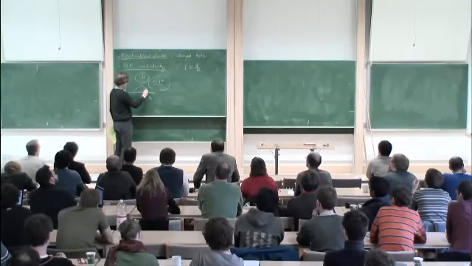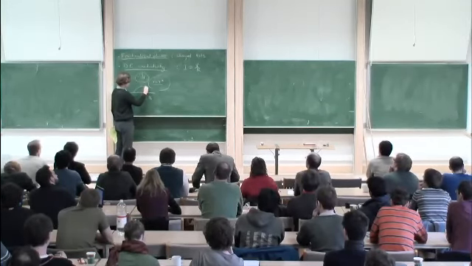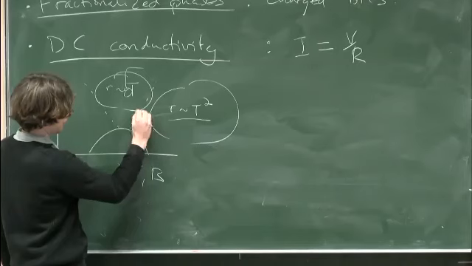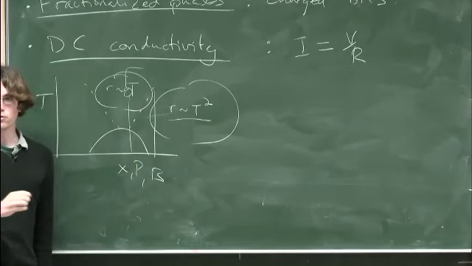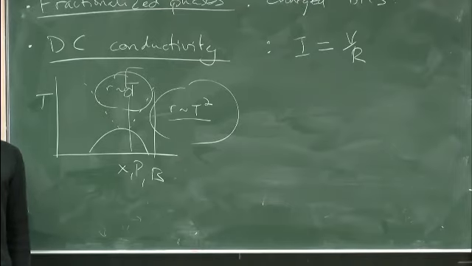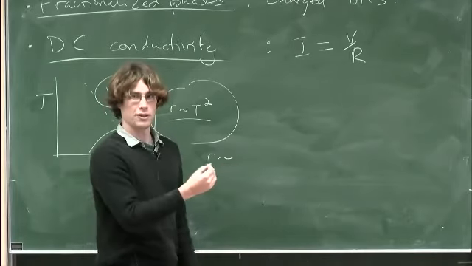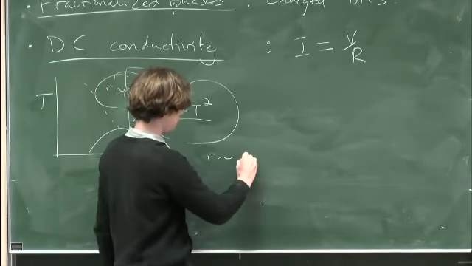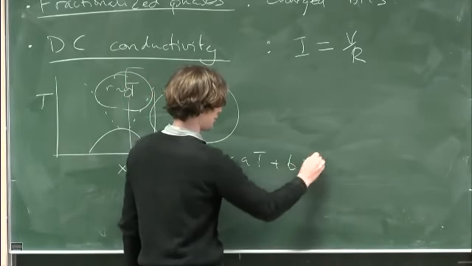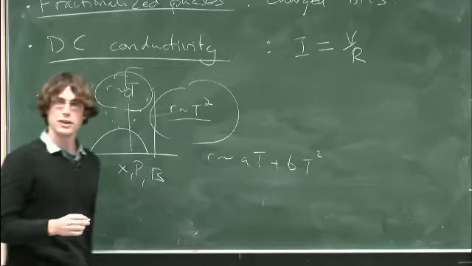So, for example, if you take this region here and you fit the resistivity to AT plus BT squared, which is not totally obvious why this is the kind of fit you should do to the data, people do that.